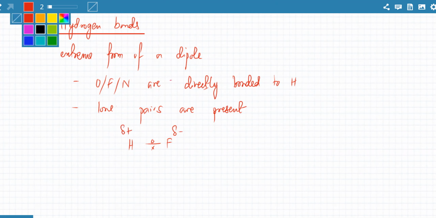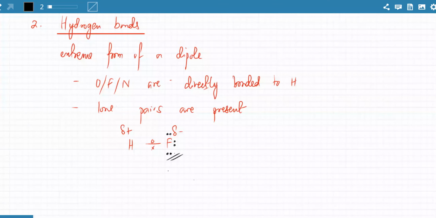Yes, sir, it's clear. And the other reason why F is going to have a very strong negative charge is because it's got these six electrons, these lone pairs. So there's a lot of negative charge over here as well. It's the same concept except that the dipole is very strong. That's known as a hydrogen bond.